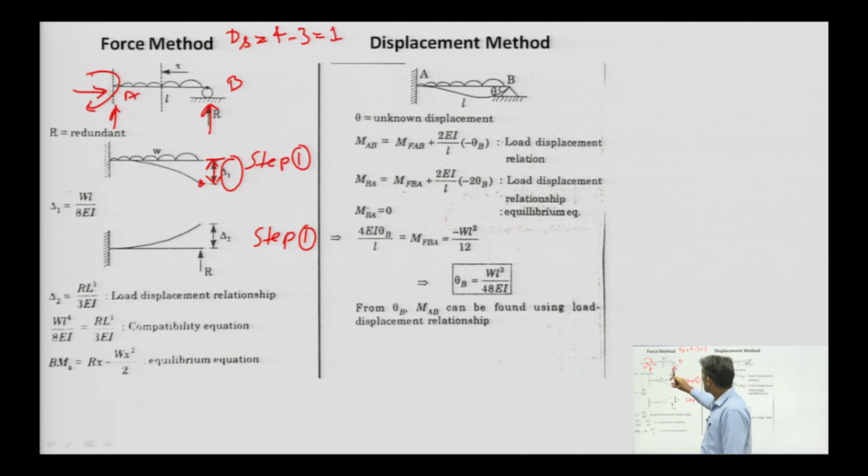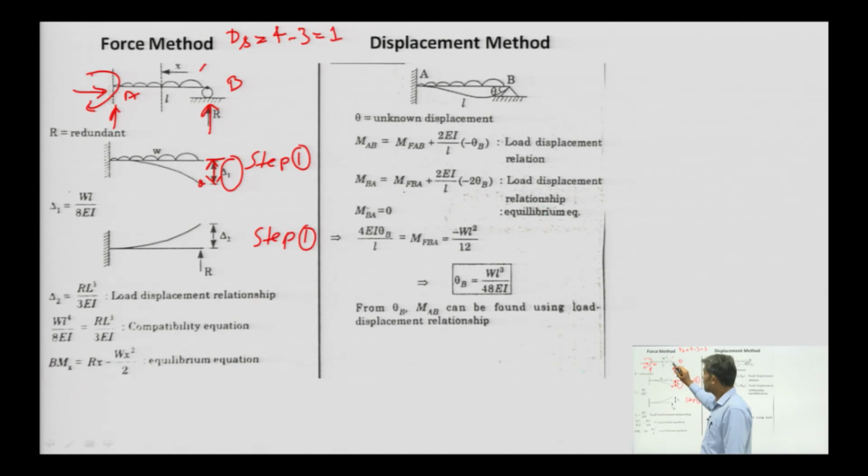What will happen if you remove the roller support? The UDL coming on the beam will shift this point downward.